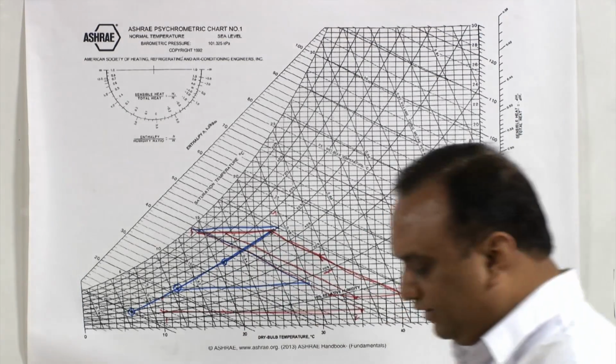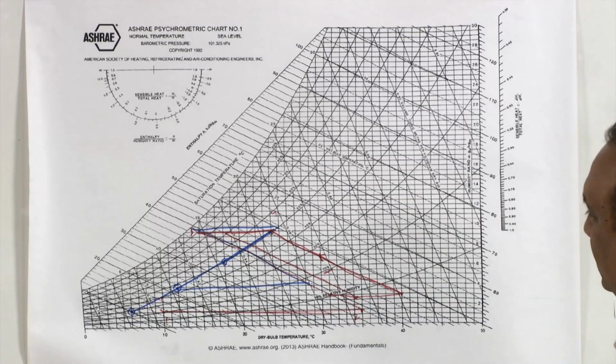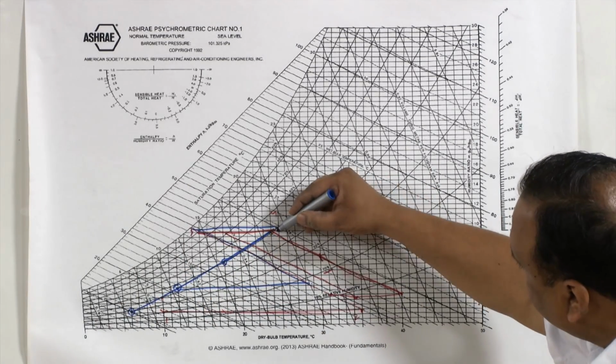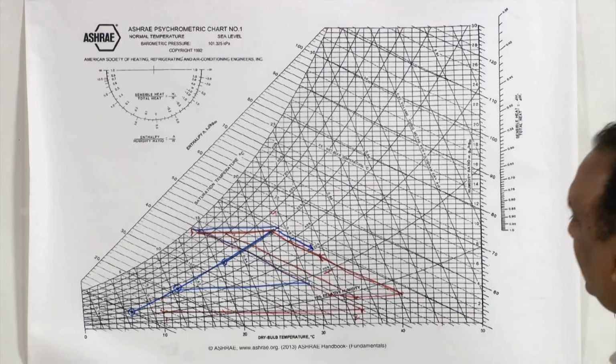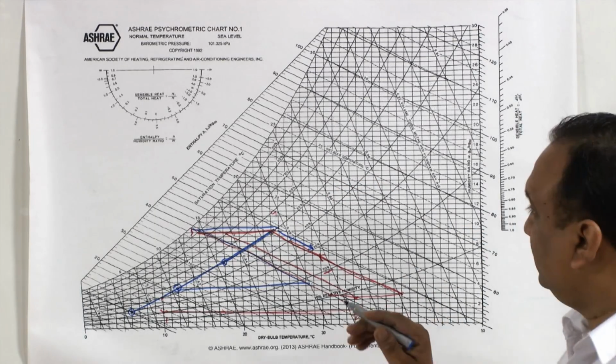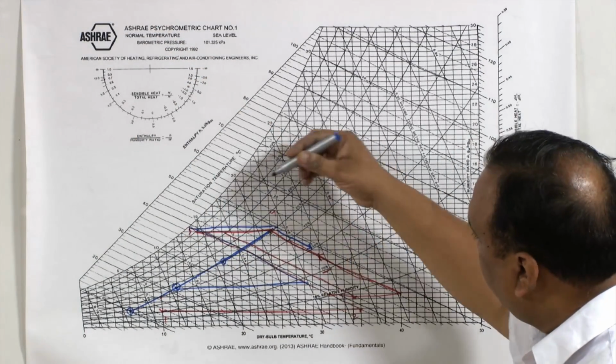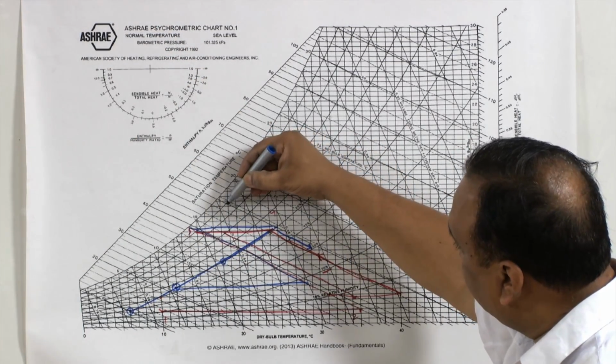Now, if the process takes place in the reverse direction, in this direction, then this is known as adiabatic dehumidification. This process is taken into account when the temperature and humidity both are high.